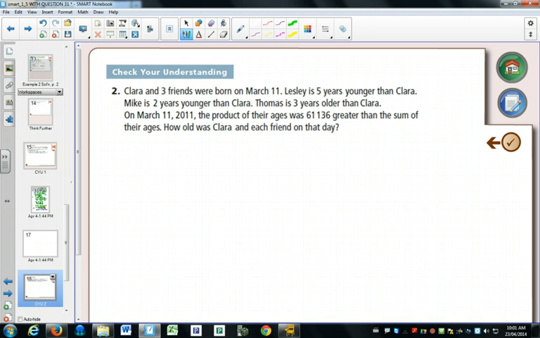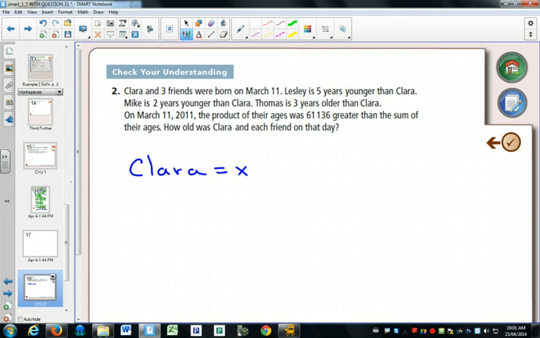So Leslie is 5 years younger than Clara. Mike is 2 years younger than Clara. Thomas is 3 years older than Clara. So everybody's being compared to Clara. That makes sense as what I say is equal to x.